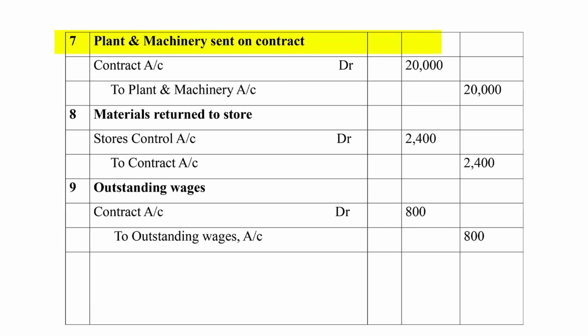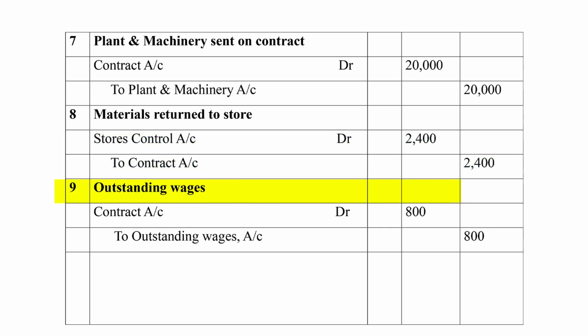Next entry is for plant and machinery sent on contract. Entry is contract account debit to plant and machinery account by rupees 20,000. Next entry is for materials returned to store. It is store's control account debit rupees 2,400 to contract account 2,400.